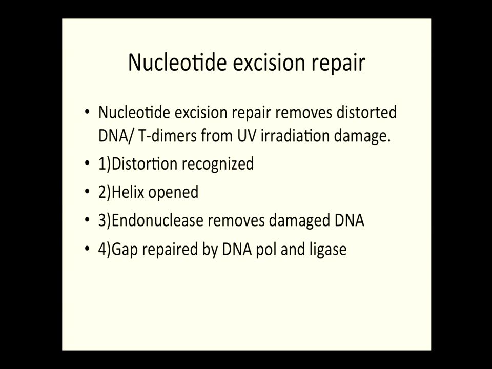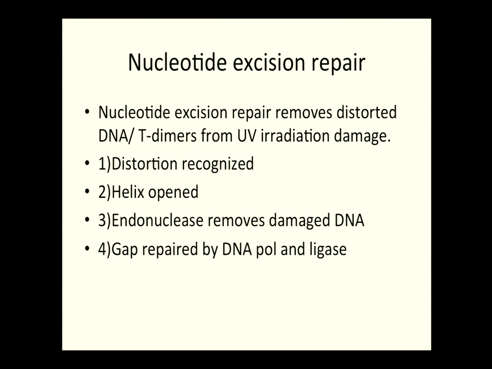Nucleotide excision repair. Now that fixes distorted DNA. So you know that UV light damages DNA. How? Can anyone tell me? That's correct. UV radiation makes thymine dimers, so it changes two normal T's into a dimer.